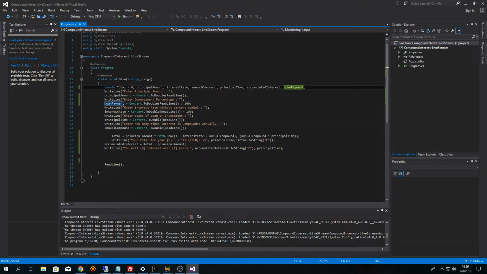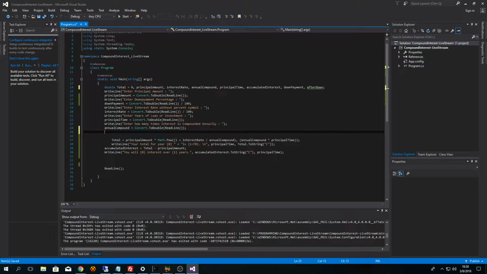We'll do one more variable. We'll call it afterDown, and we'll bring it down here. afterDown equals principal amount minus down payment.